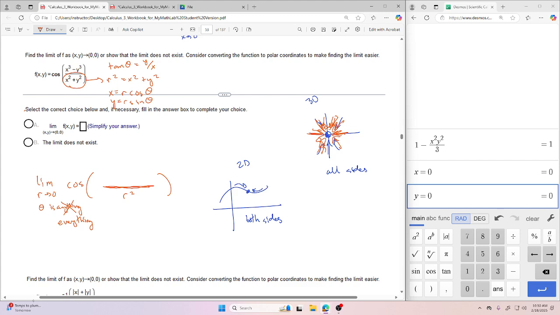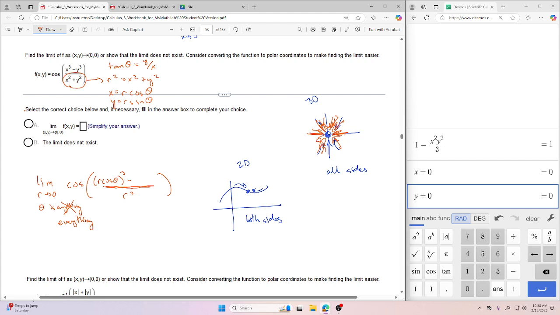But now the top is kind of tricky now, isn't it? Would you rather factor or would you rather just dump it all in? Dump it all in. So what do I do with this x cubed? R cosine theta cubed. Exactly right.